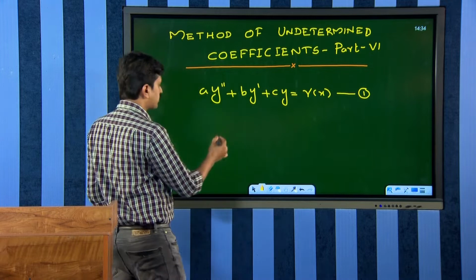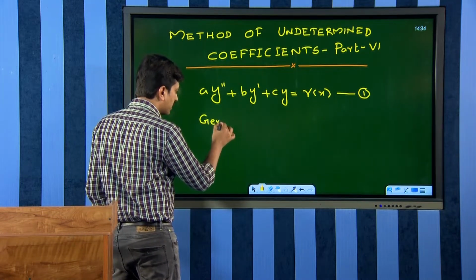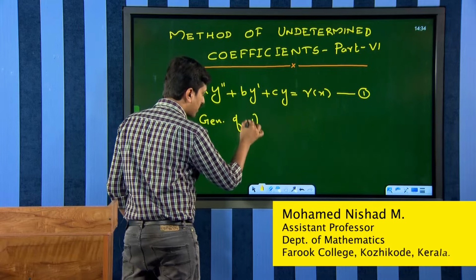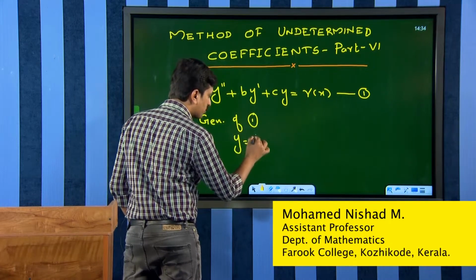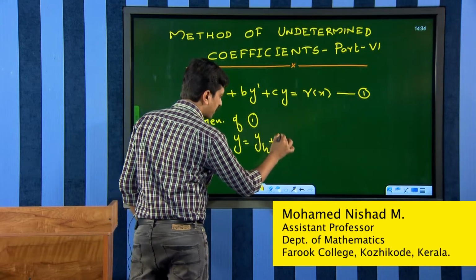We know that the general solution of equation 1 is y equals yh plus yp.